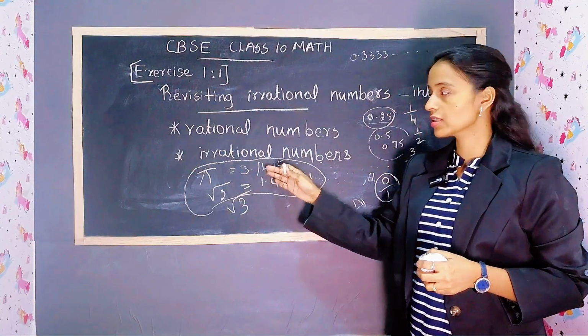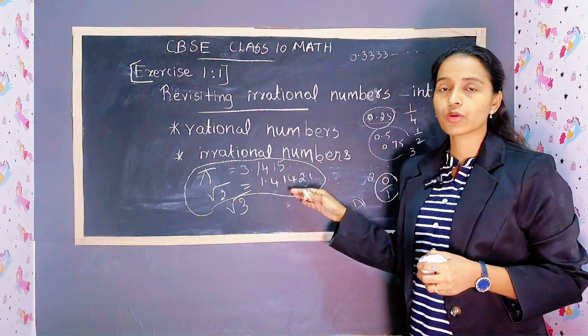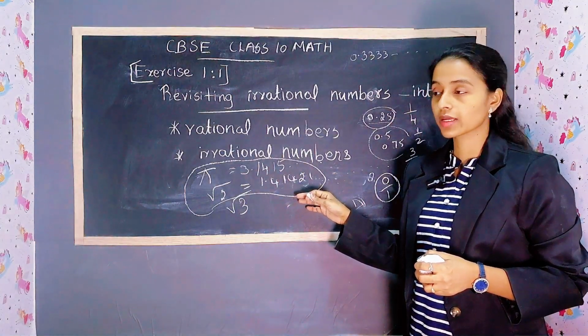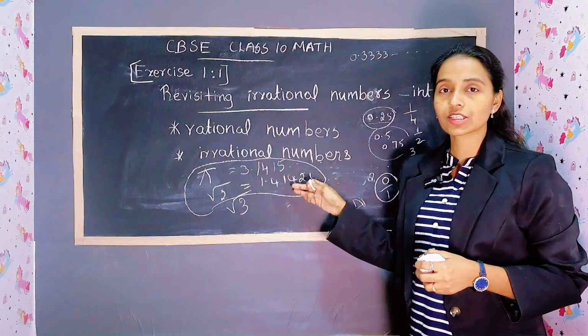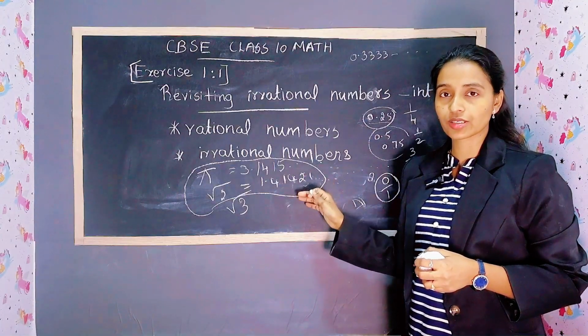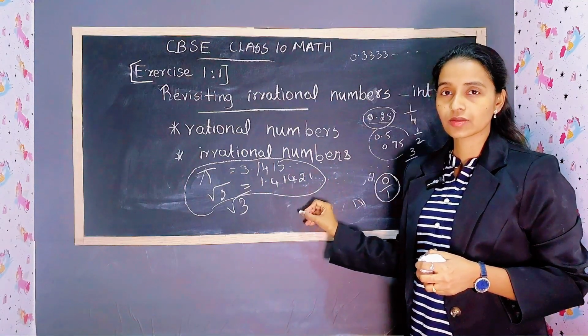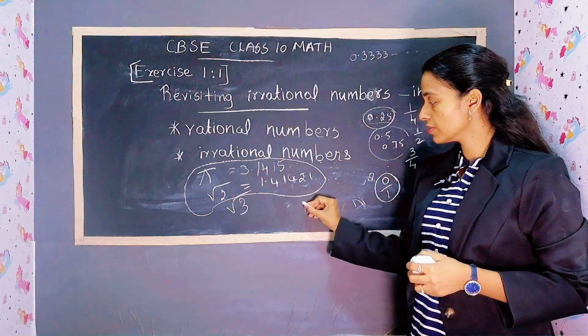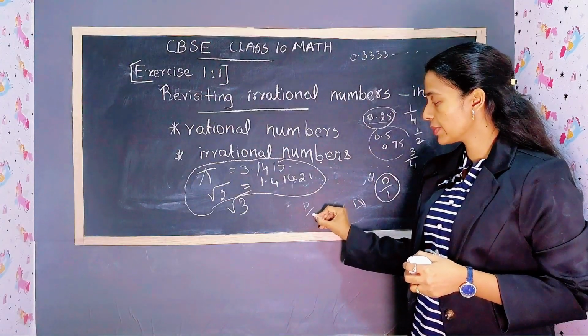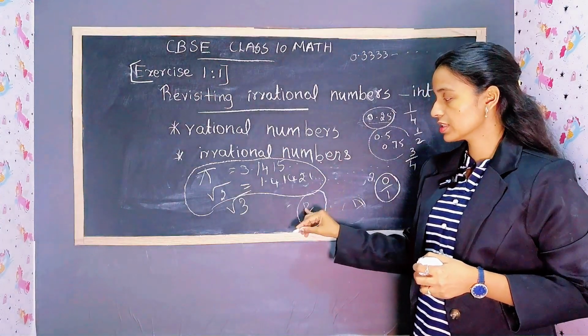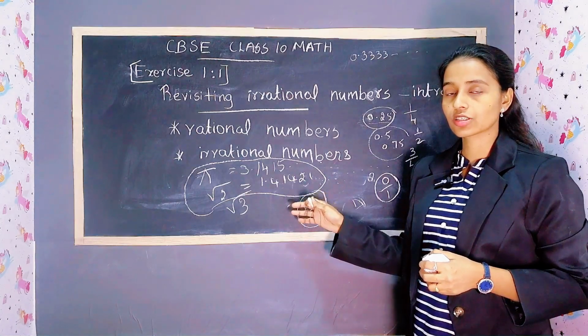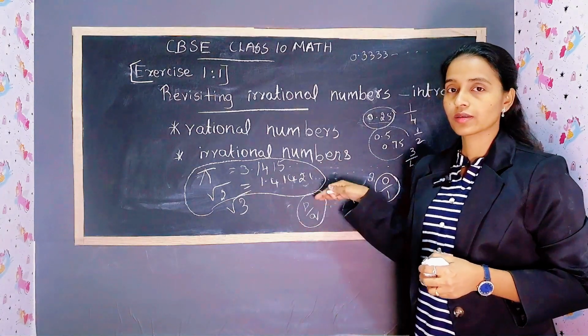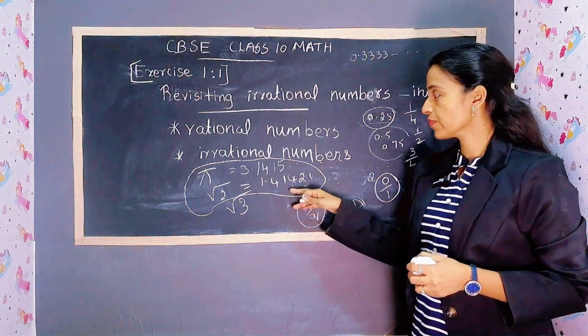We cannot write these numbers in the form of a fraction. We cannot write irrational numbers in the form of fractions, meaning p by q.